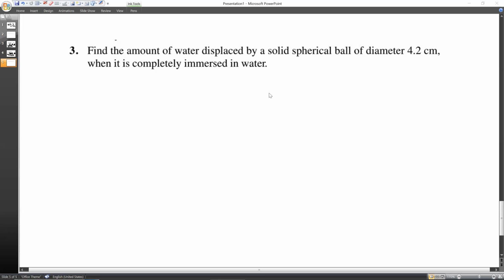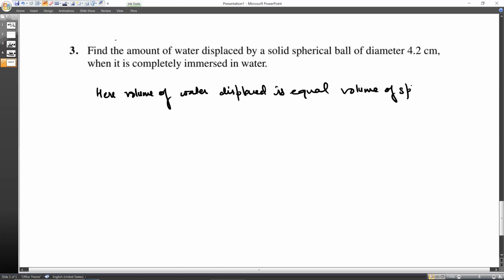So, Rima, what we need to find here is the volume of the sphere, because when it is immersed in the water, that is the amount of water it is going to displace. So the volume of water displaced is equal to the volume of the sphere, and the volume of a sphere is 4 by 3 pi r cube.